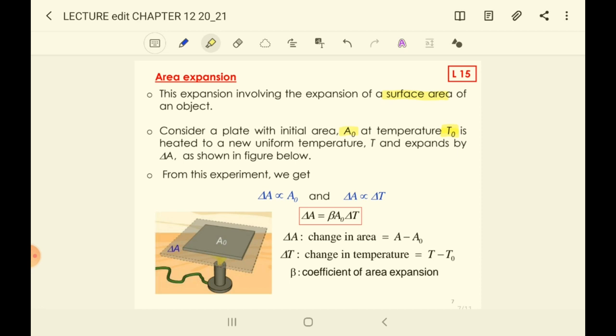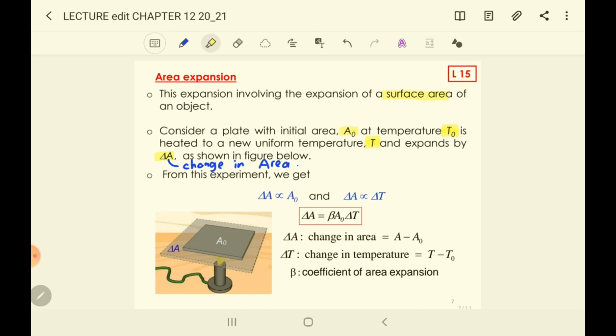When the plate is heated to a new uniform temperature T, which we consider the final temperature, what happens to the plate? The plate will expand by delta A, where delta A is the change in area.